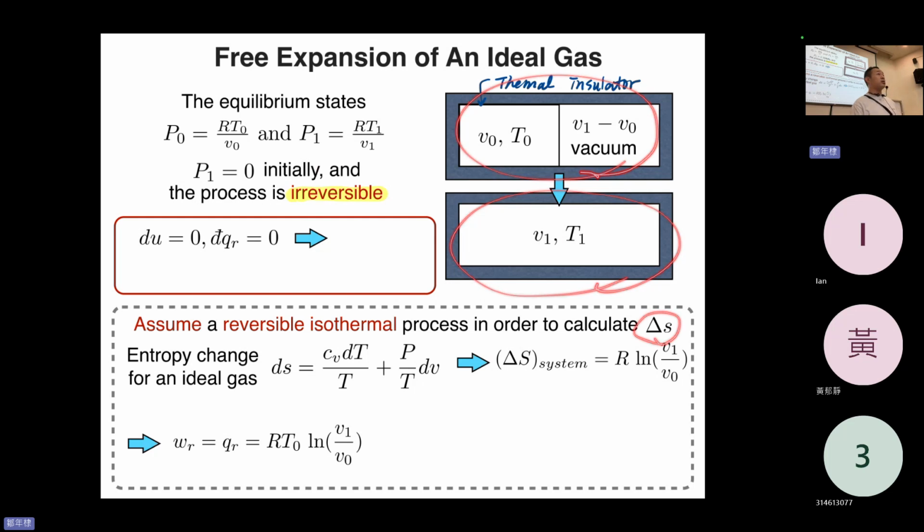What's the delta S? We don't know. We know T0 and T1 are almost the same, because they are in the thermal insulator and it's an ideal gas. So how about we use an alternative way to determine the delta S?